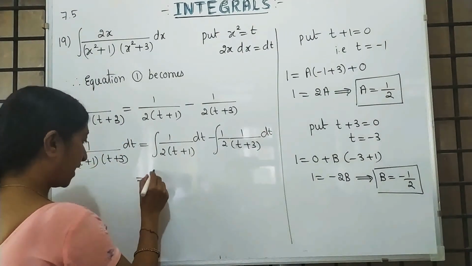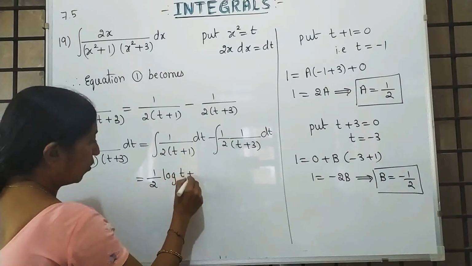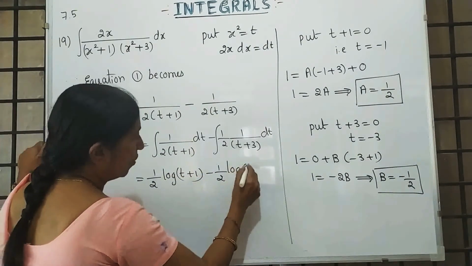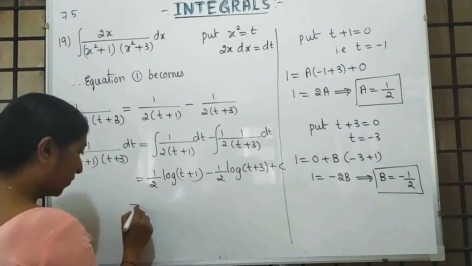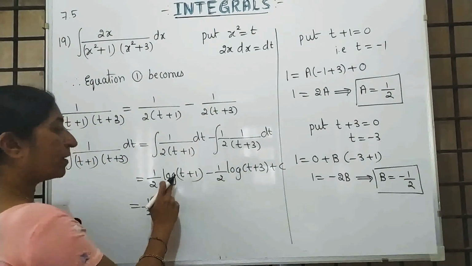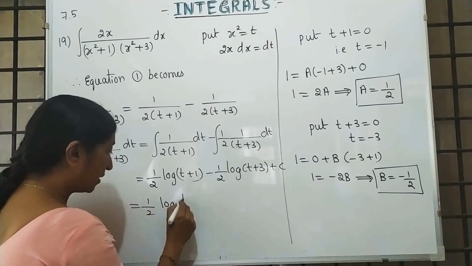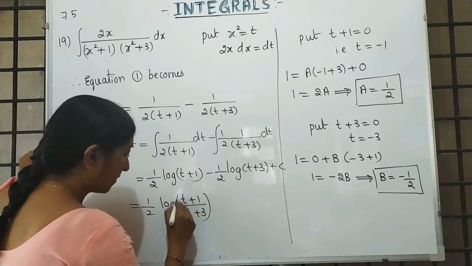Half constant as it is, integration of 1 by t plus 1 is log of t plus 1, minus half outside, log of t plus 3, plus c. In both the terms 1 by 2 is common, and after taking it common they are in the form of log m minus log n, that is log m upon n, plus c.